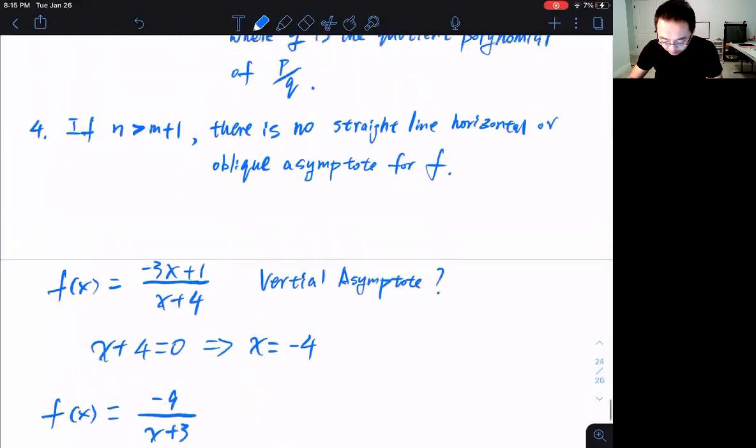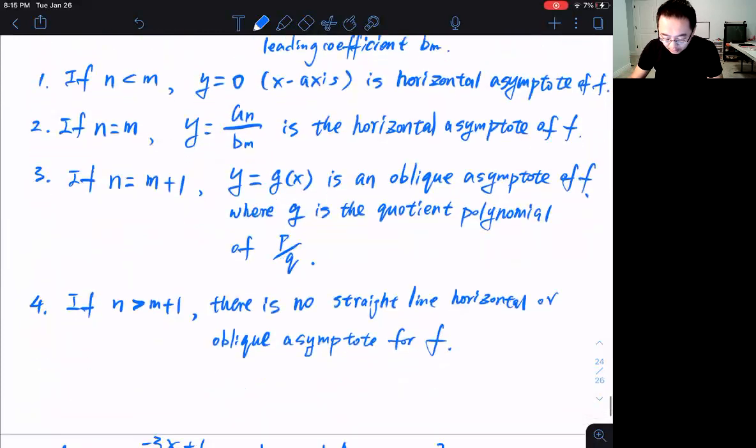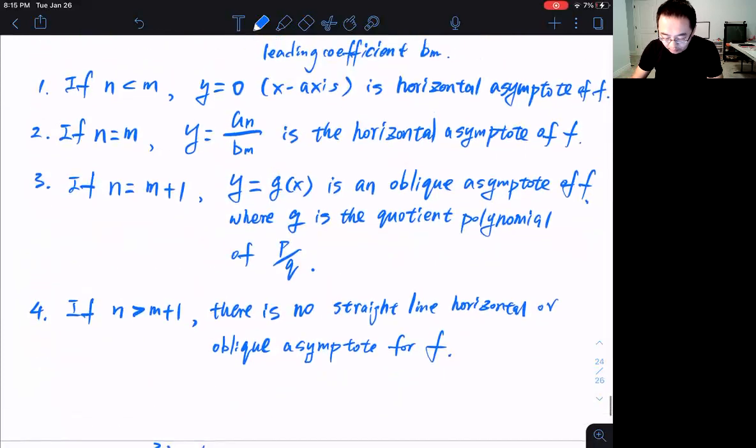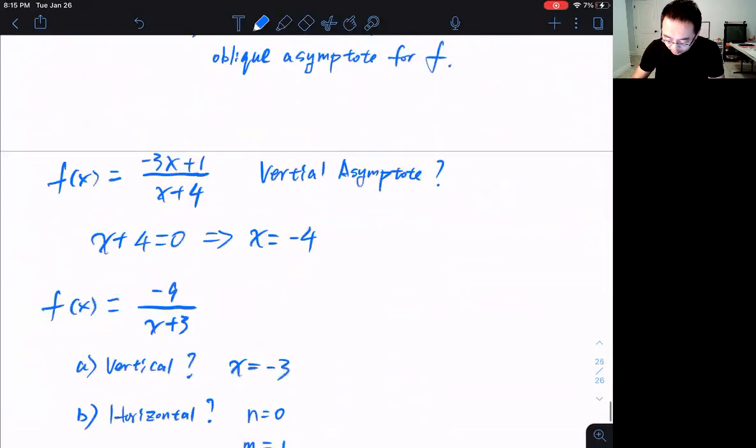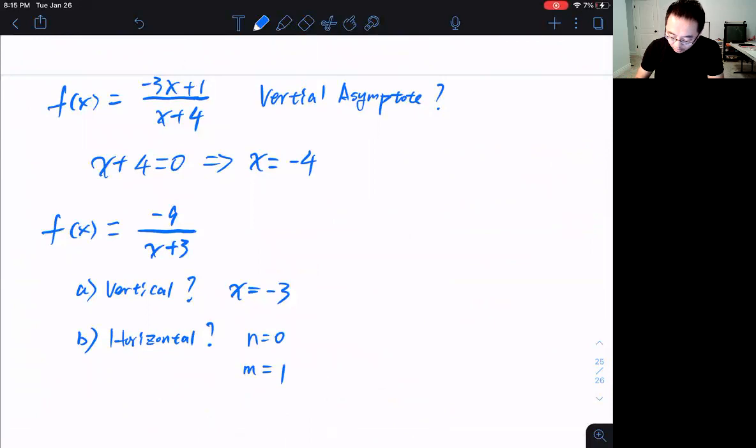So if we go up to the rule here, it says n is smaller than m. This is the case where we know, you don't have to draw the graph, but y equals 0, or the x-axis, is your horizontal asymptote.